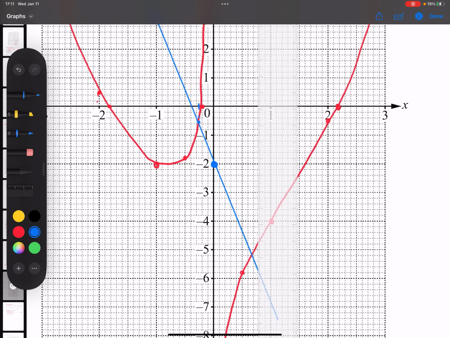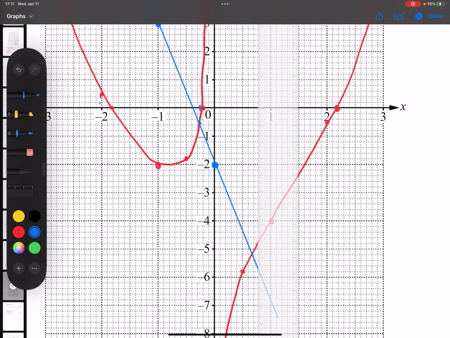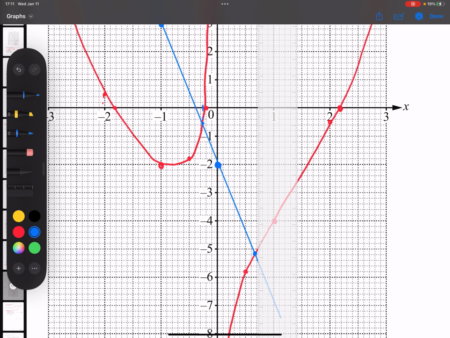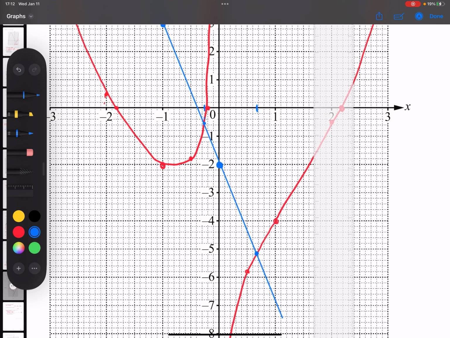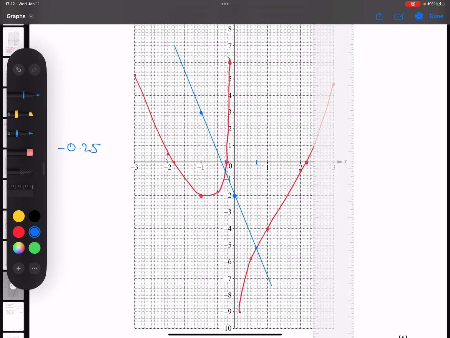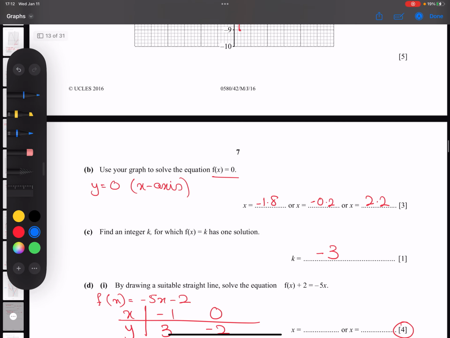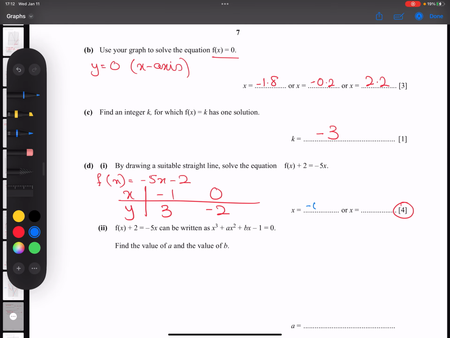Let me zoom in a little bit, and this is my second point of intersection. According to this, it gives me an answer here, which is approximately 0.7. So negative 0.25 and 0.7, 4 marks.